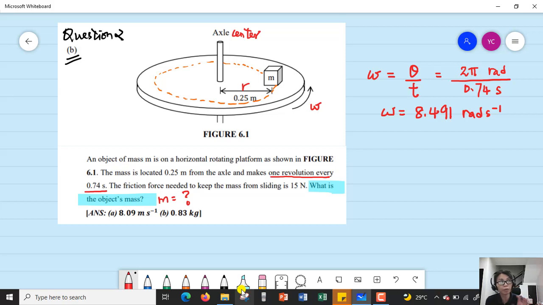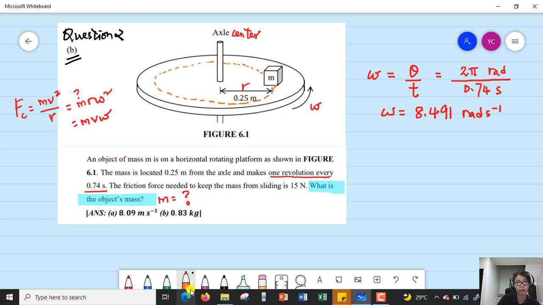Since the object performs circular motion, we have to identify which forces point towards the center that act as our centripetal force. From there we can relate the centripetal force with the mass, because we understand the formula for centripetal force is mv² over r, or mr omega squared, or mv omega. So if we want to get the mass, we need to know which force acts as the centripetal force that allows the mass to perform circular motion.